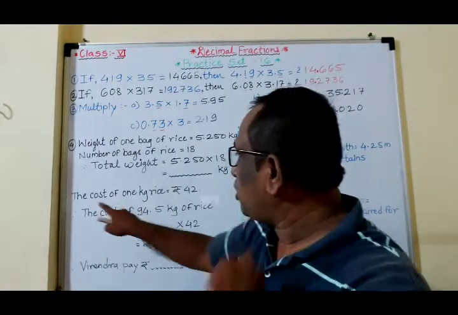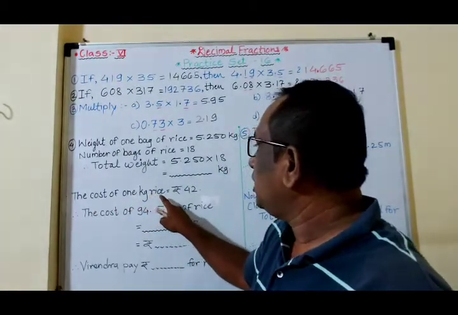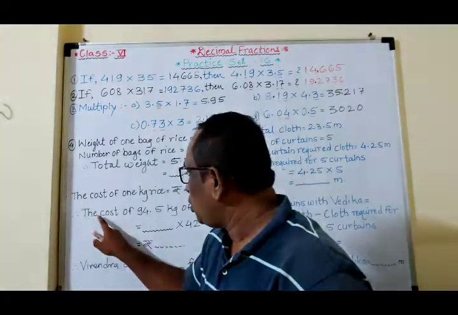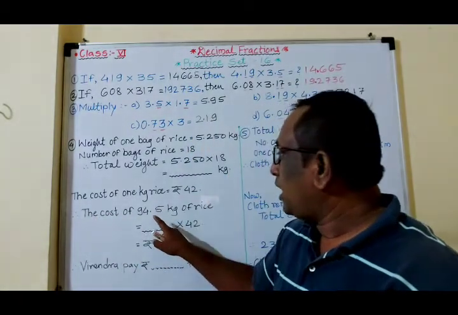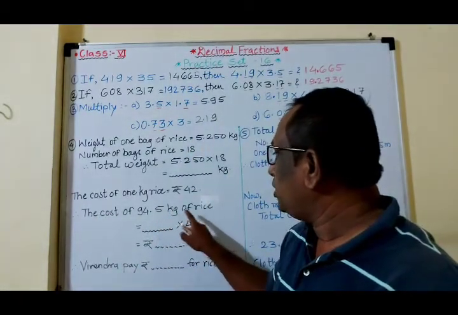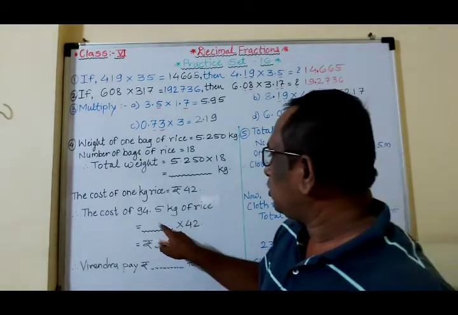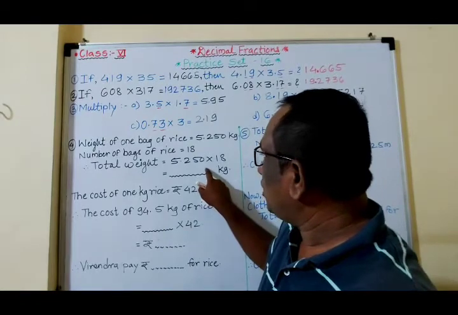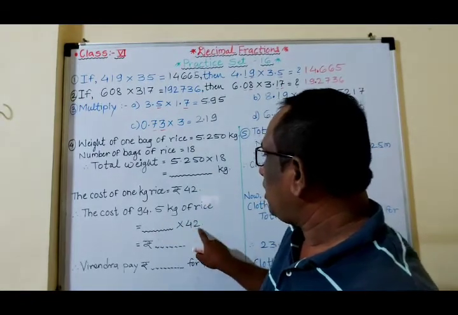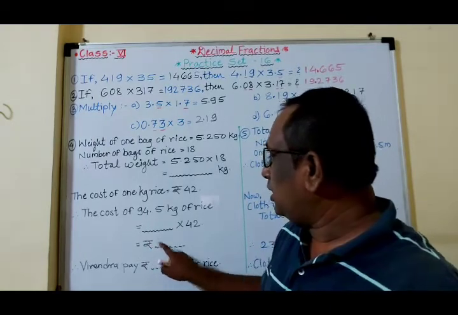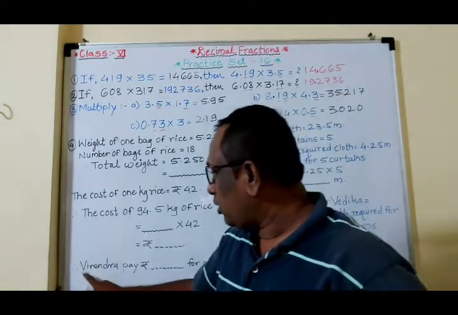Now what we have to find, the cost of one kilogram of rice is rupees 42. That is given. Now we have to find the total cost of 94.5 kg of rice. Okay, so now here students, this total weight multiplied by 42, then you will get the amount. So then you have to write finally.